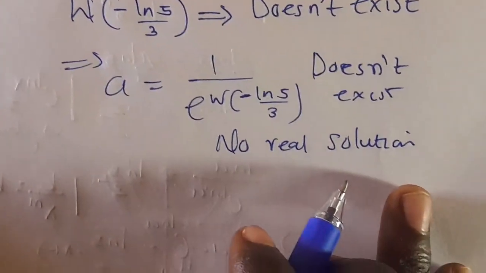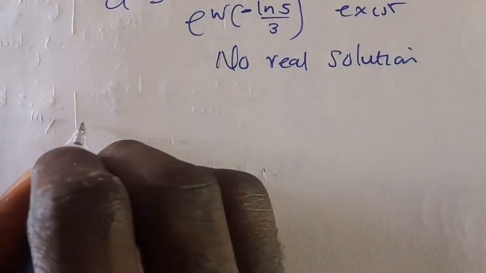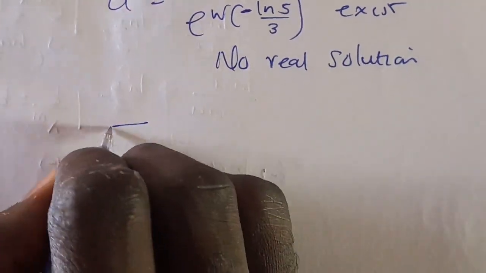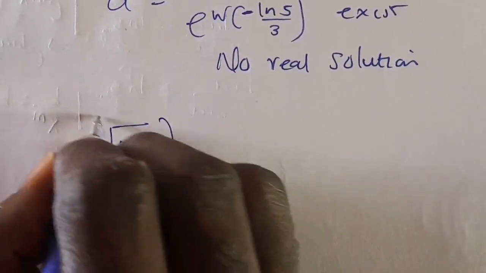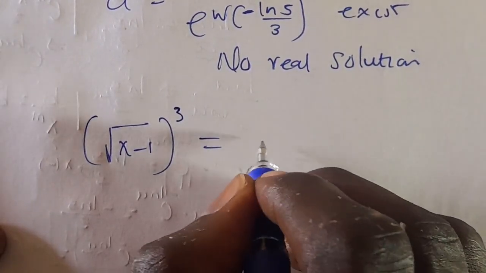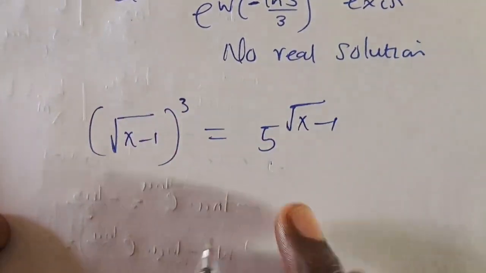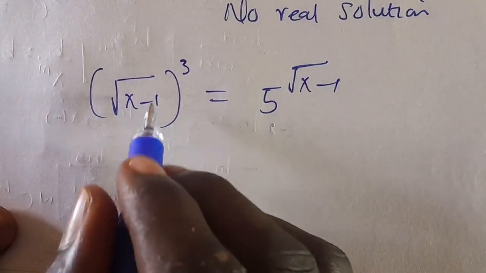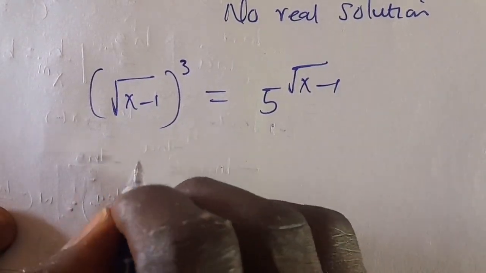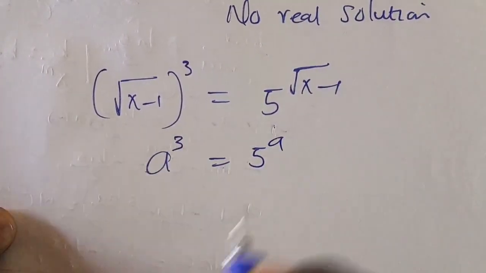Even by considering the question given to us, we have square root of x minus 1 all to the power of 3 equals 5 to the power of square root of x minus 1. And the moment we assume this one to be equal to variable a, we have a to the power of 3, and this one we have 5 to the power of a.